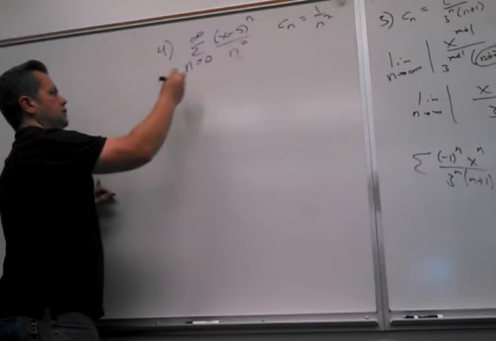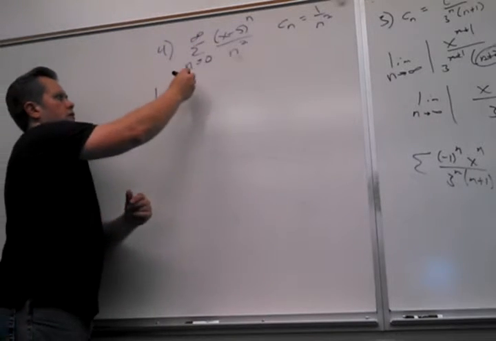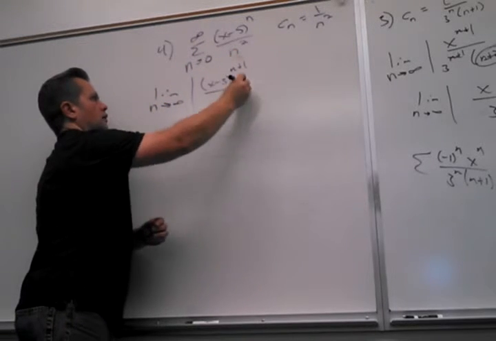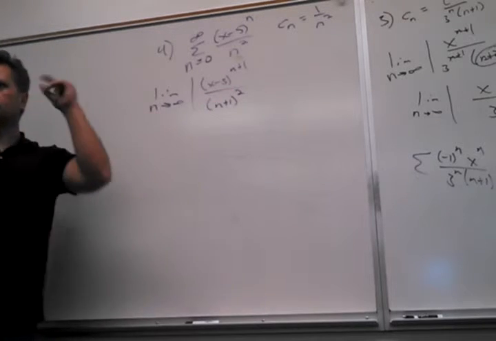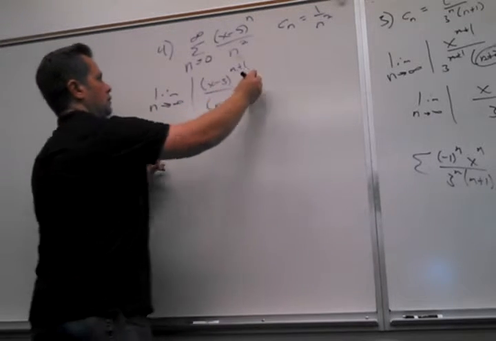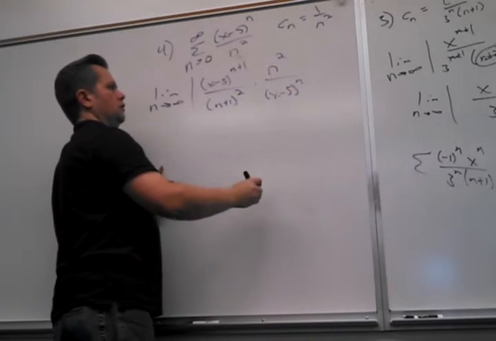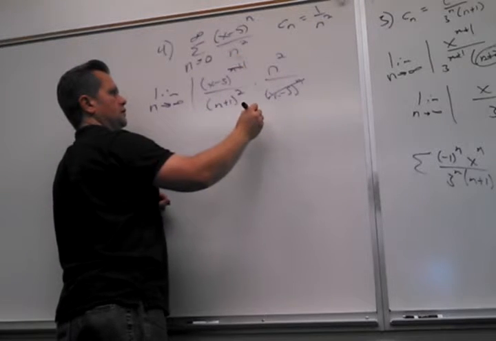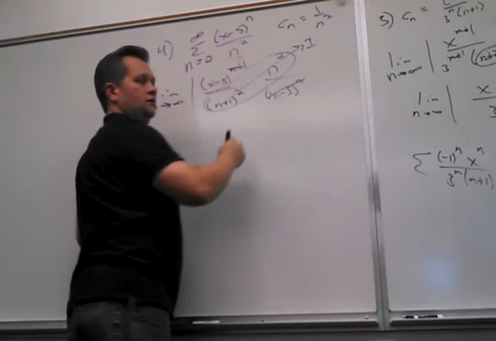All right, so how do I set up this limit here? (x minus 5)^(n+1) over (n plus 1) squared, times n squared over the (x minus 5)^n. Just throw an n plus 1 wherever there's an n. So again, I lose n of these, and the limit of this is 1.